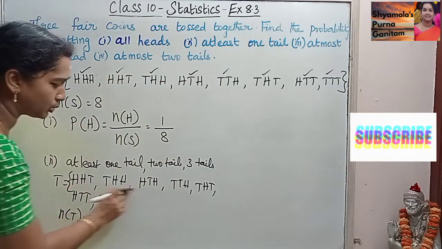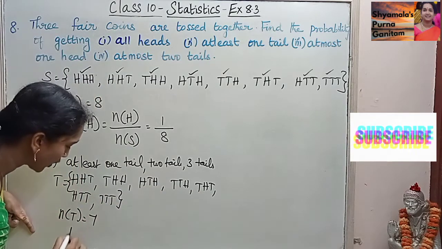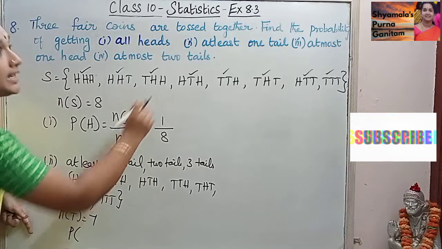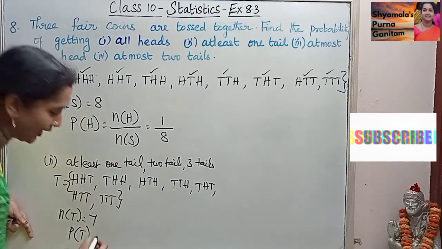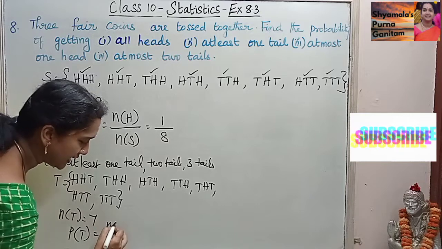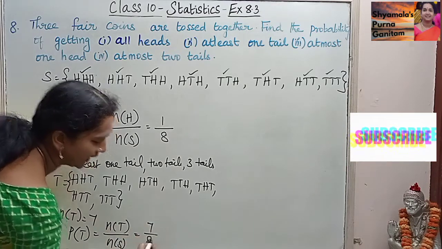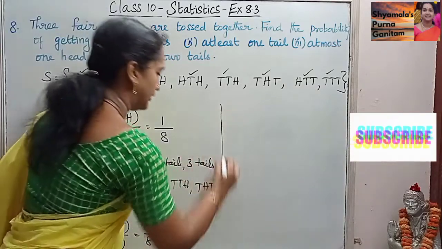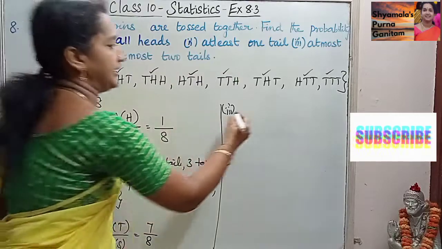That is 1, 2, 3, 4, 5, 6, 7. So n of t is 7. So probability of getting at least 1 tail is n of t by n of s, that is 7 by 8. That is the answer.